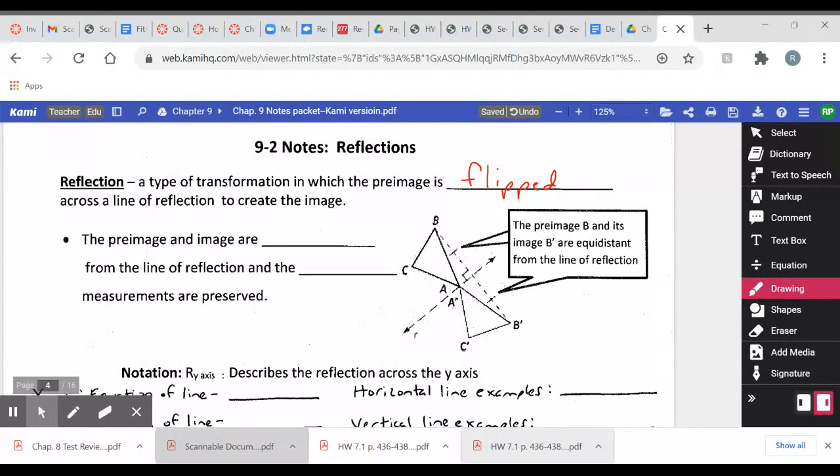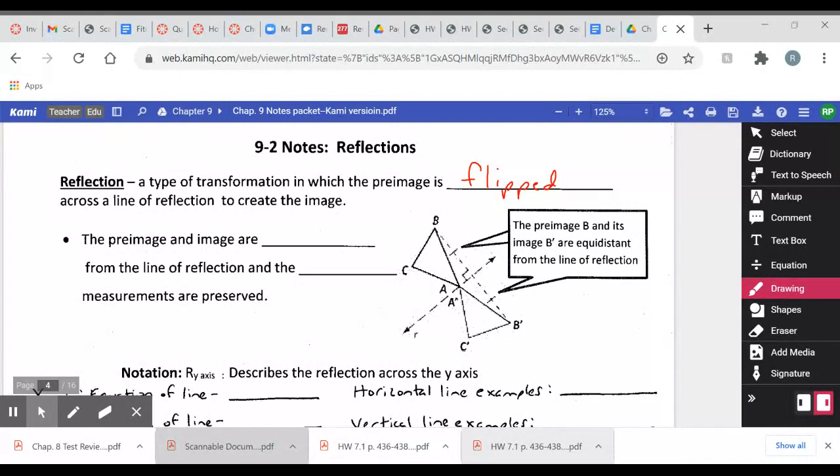The original pre-image is ABC, and the image, the new figure, is A prime, B prime, C prime. If you folded your sheet of paper along that line of reflection R, those two figures would match up exactly. That's a sign that it is a reflection.